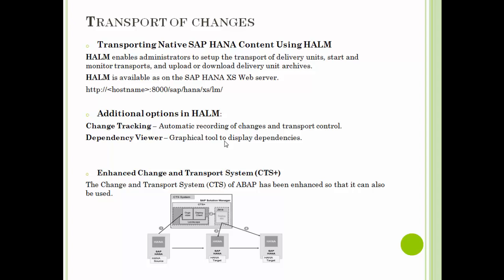There are various options available, and it can be shifted around to provide different perspectives. So technically speaking, the dependency viewer helps us know which delivery units are dependent and should be transported together.